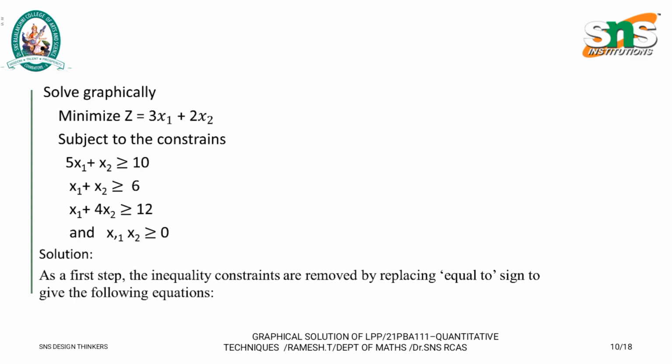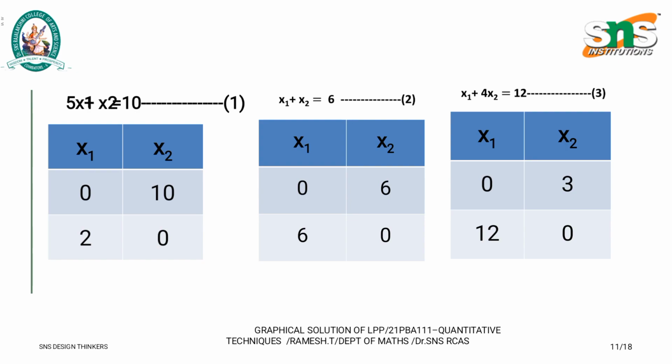We have one more example. Here, all the constraints are of greater than or equal to type, therefore the solution region is outside. First, we find the coordinate points by treating the three inequalities as equations: (0, 10), (2, 0), (0, 6), (6, 0), (0, 3), (12, 0).